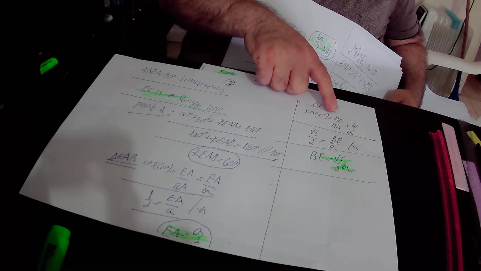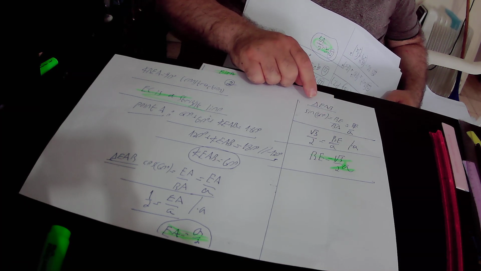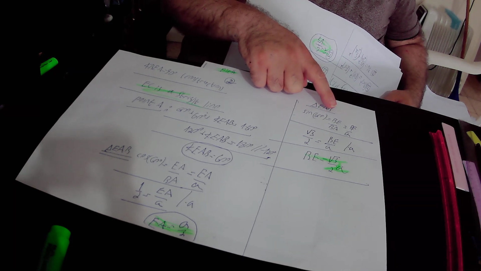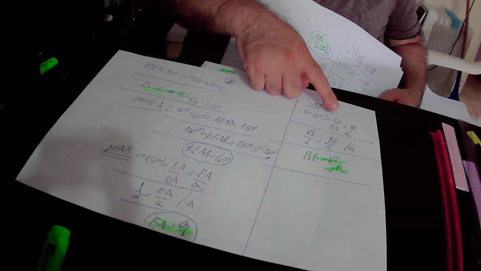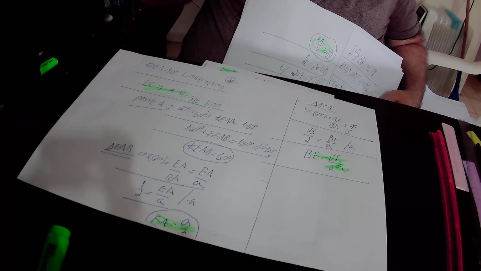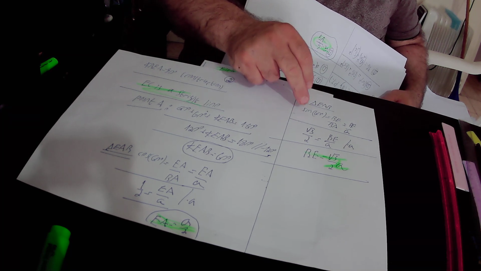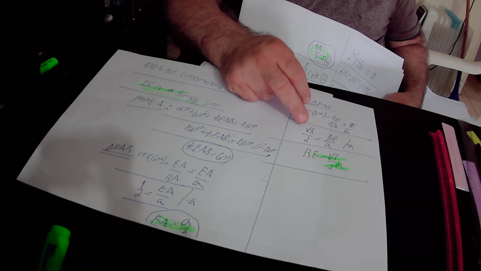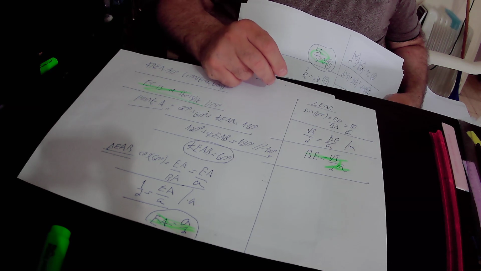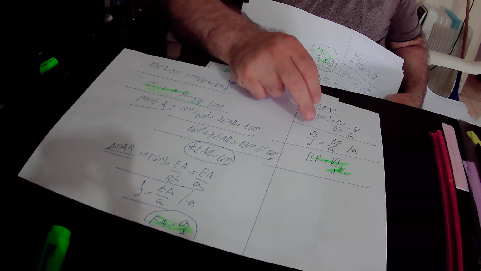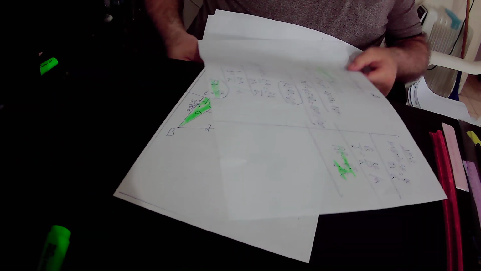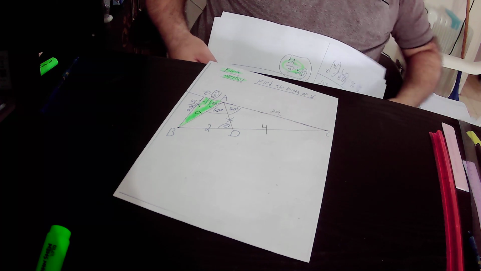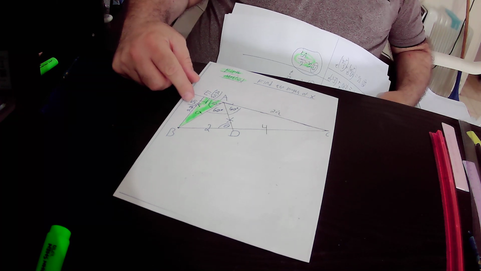BA equals A, so we substitute and get that sine 60 degrees equals BE over A. Sine of 60 degrees equals square root of 3 over 2, so we substitute and find that square root of 3 over 2 equals BE over A. We multiply this equation by A, and we find that BE equals square root of 3 over 2 times A. So side BE equals square root of 3 over 2 times A.